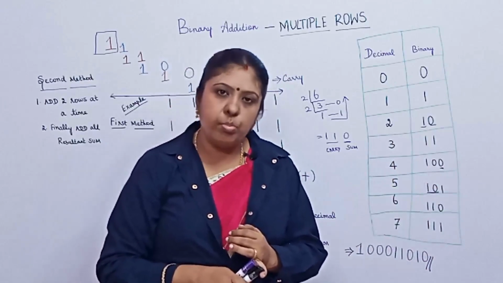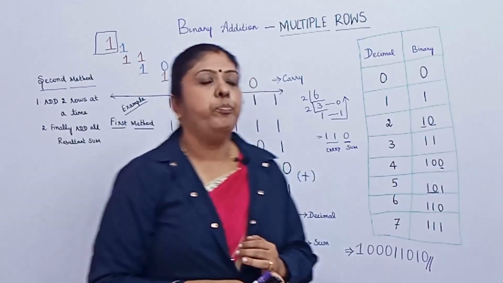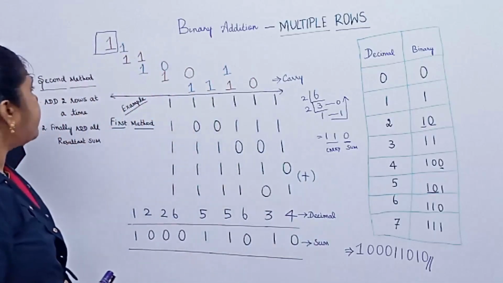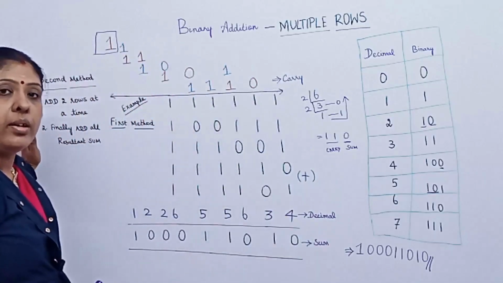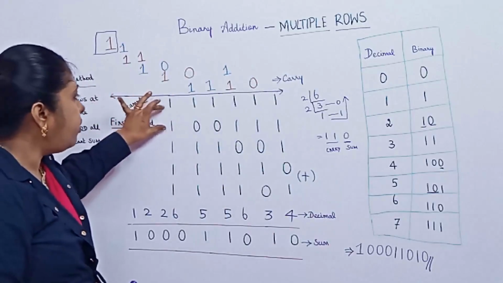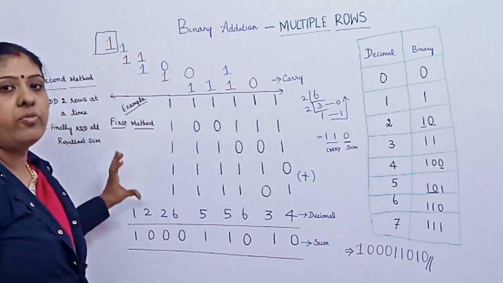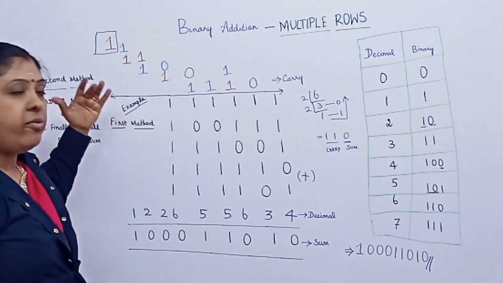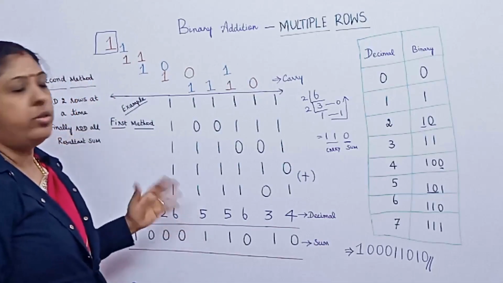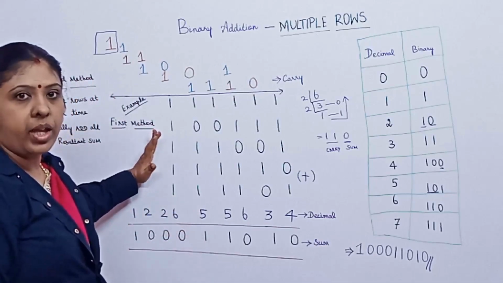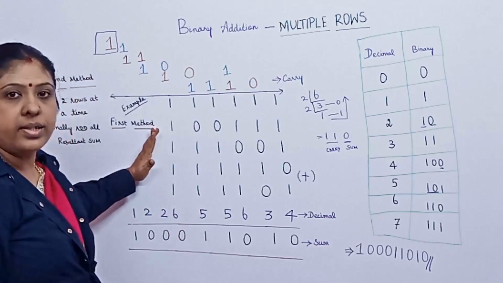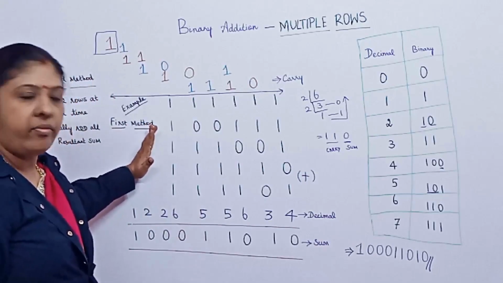That is the simple rule to be followed here. The previous method, the second method, will be time consuming for adding 2 rows. Suppose you are having 5 rows or 8 rows, it will be a very lengthy process for you to add. So just recall this methodology and solve it very easily.